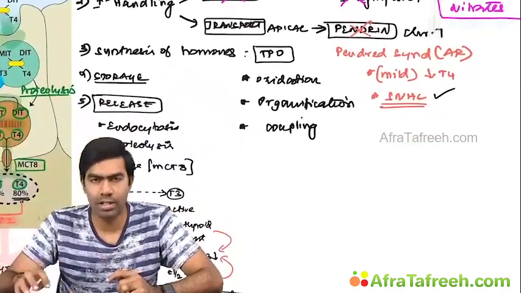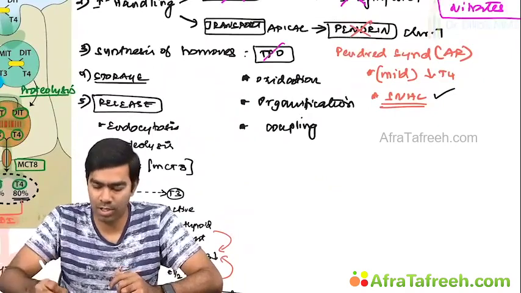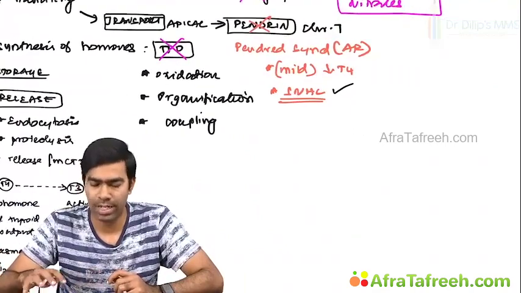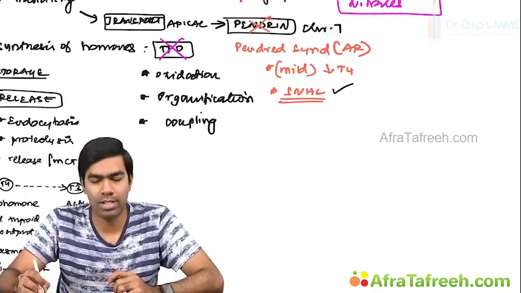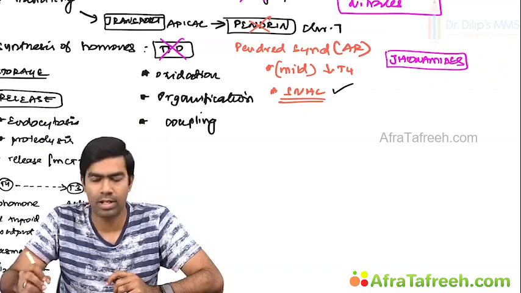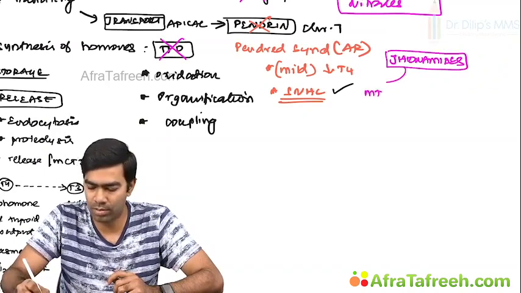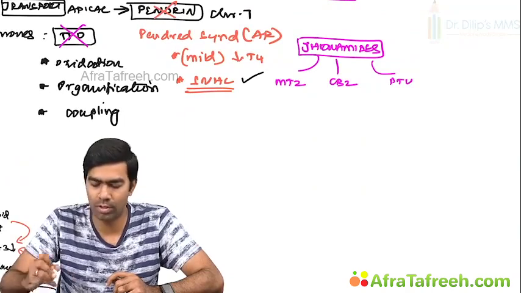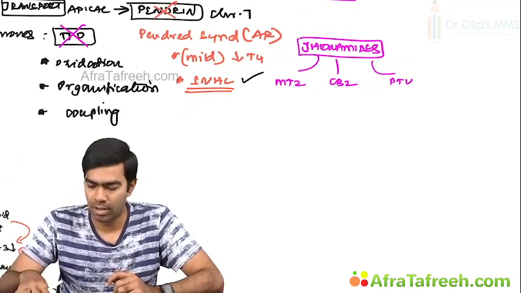But there are a lot of other antithyroid drugs. One is the TPO, that is thyroid peroxidase inhibitors. These drugs are famously referred to as thionamides, and there are 3 drugs in this group: methimazole, carbimazole, and propylthiouracil.